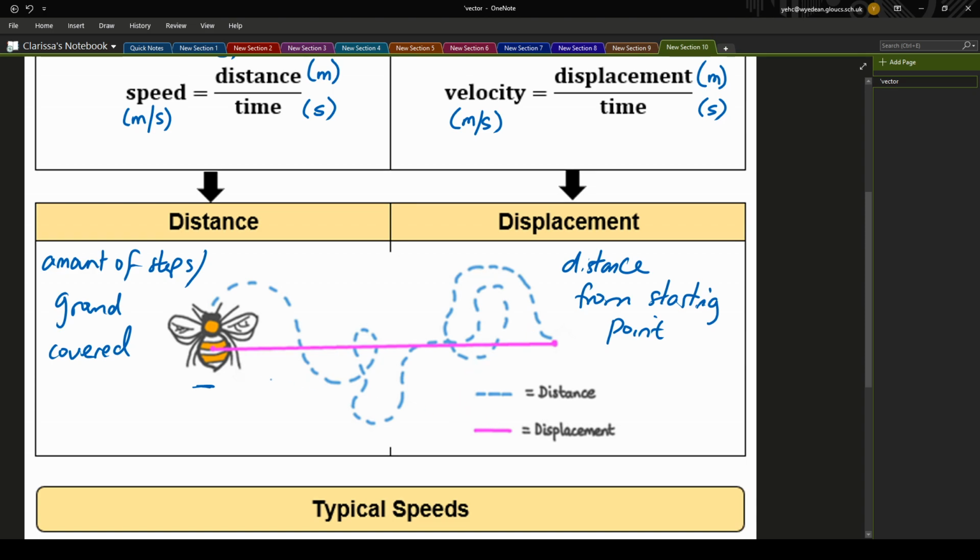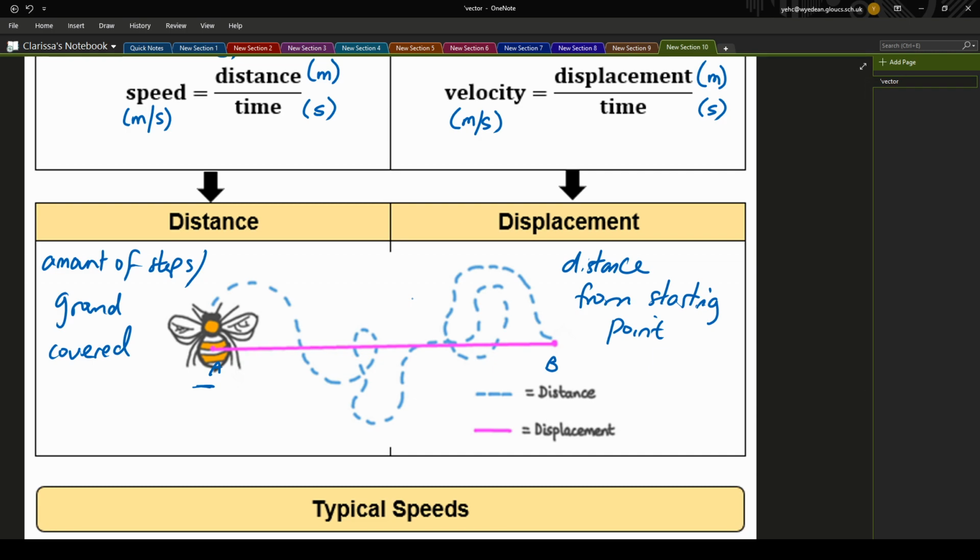But displacement is a distance, but because we also care about the direction, we have to take into consideration the overall direction it's going, which is just a straight shot from point A to point B. We're not really concerned about all of these changes in direction because we care about the overall direction it has gone.